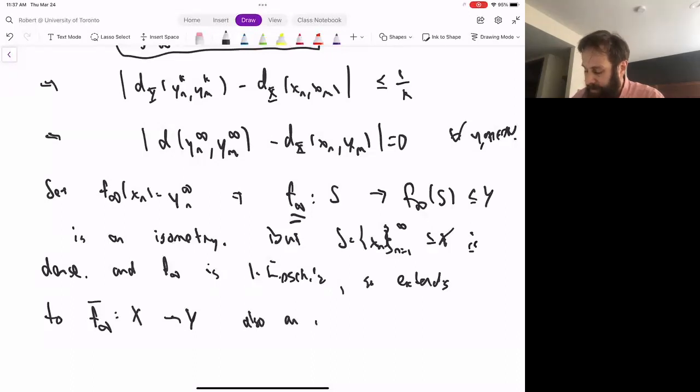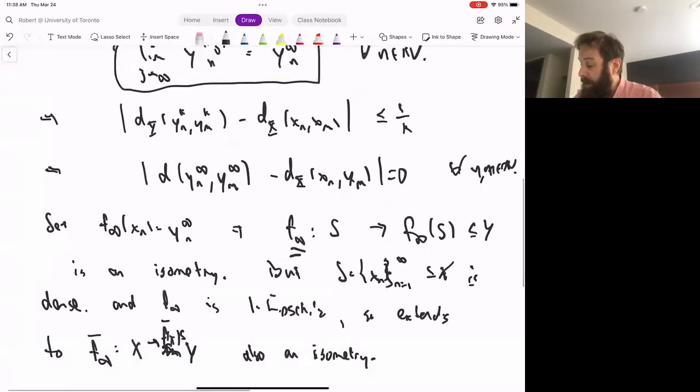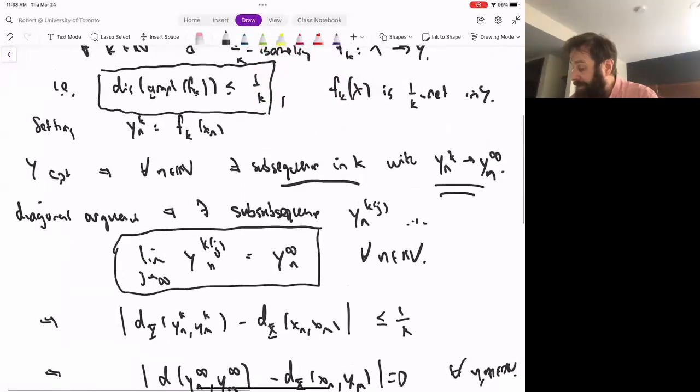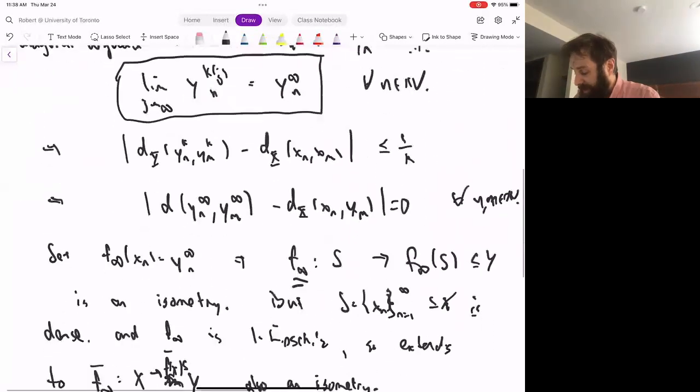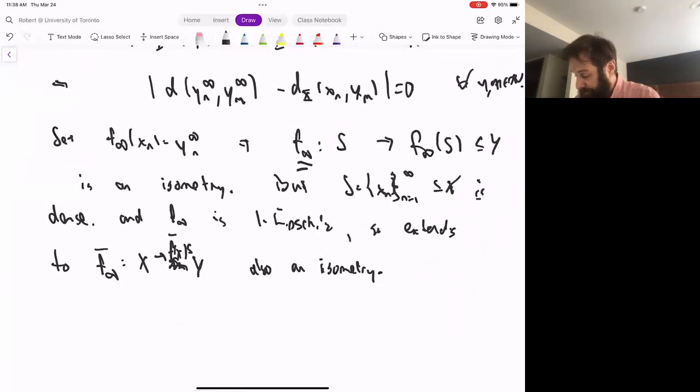Well, I guess it would be an isometry onto a subset of Y. And then, going back, using the fact that these F_k form a 1 over k net in Y, we get that this isometry is actually onto.